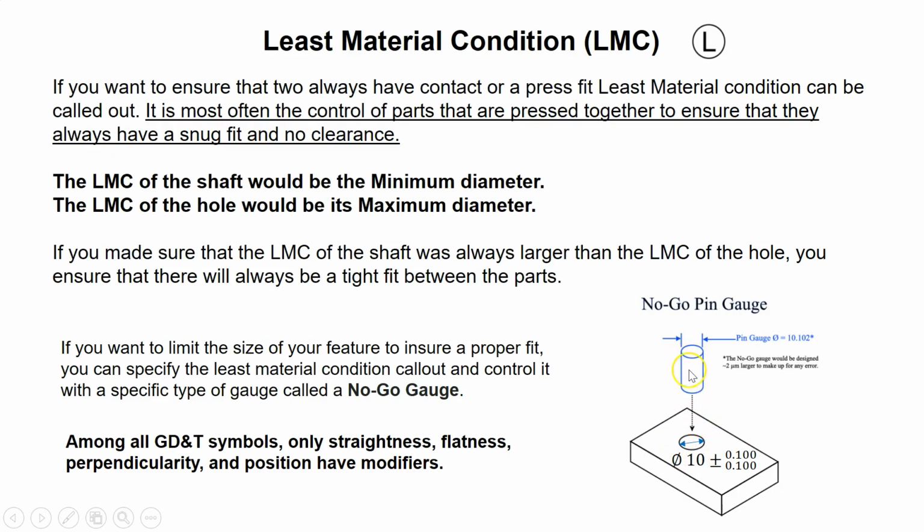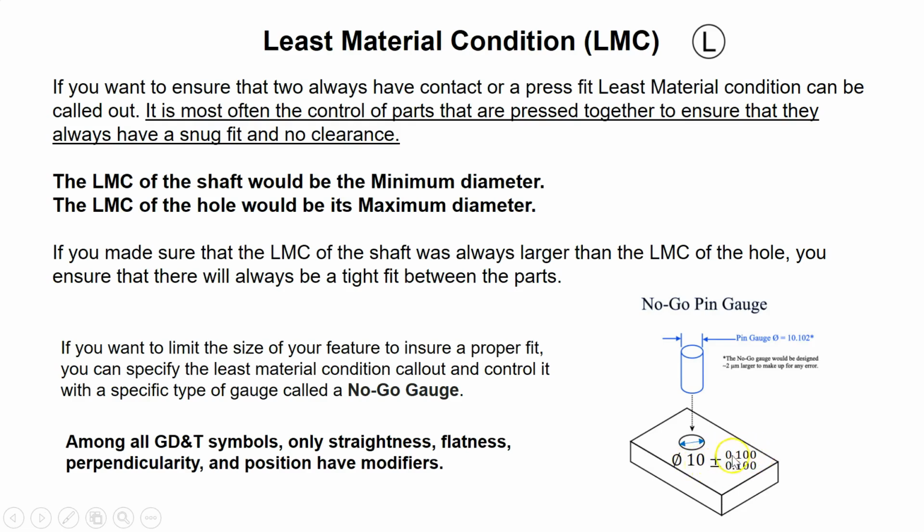Then the fitting is absolutely a press fit or an interference fit. How would you check whether the hole is in spec or not? The way you do it is, this time you create a pin that is slightly bigger than the maximum size of the hole.